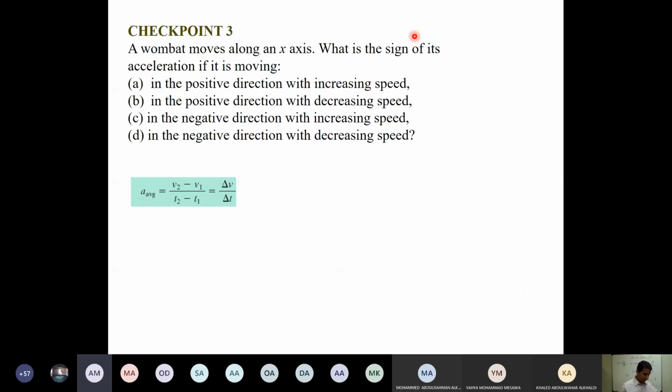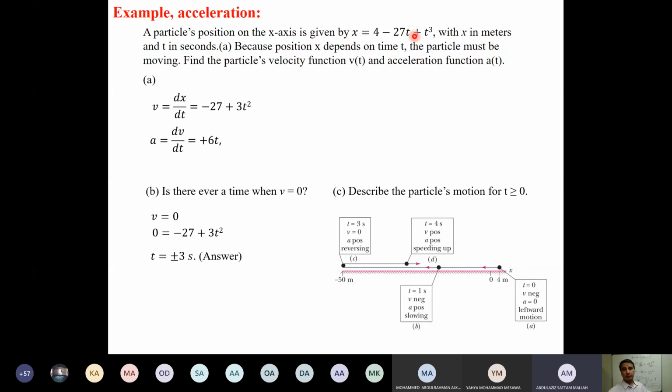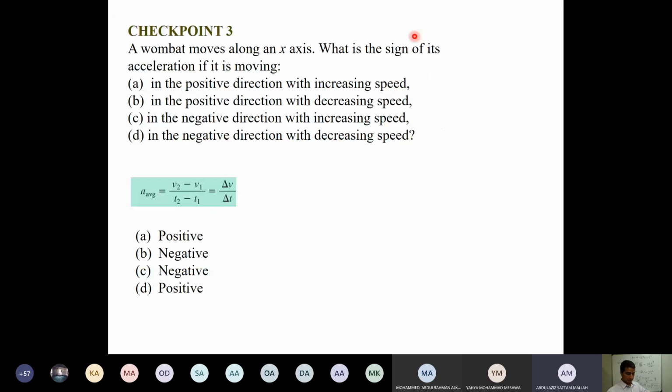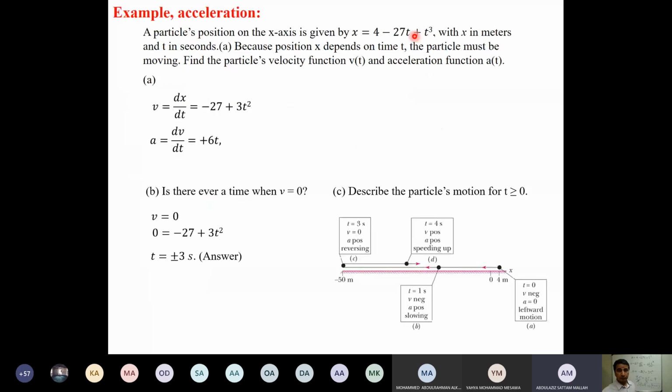Mr., I have a last question, please. For the first step, how did we get the 3 next to t squared?